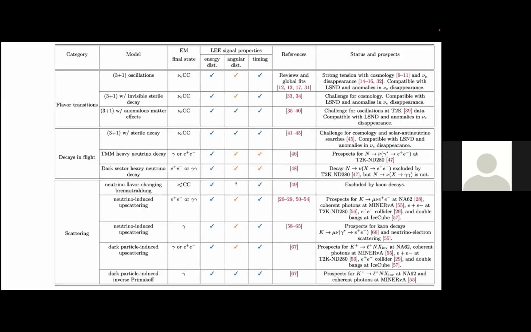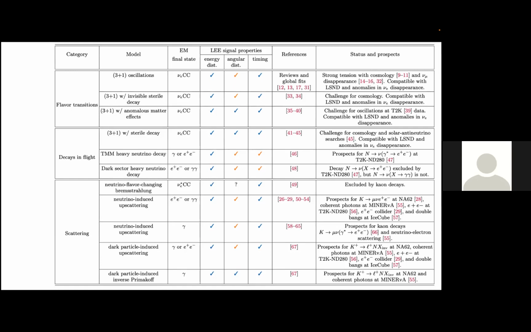Okay, now we're not done yet with MiniBooNE. I don't want you to go through every single one of these predictions, but this is a table of most explanations put forward so far in the literature for the MiniBooNE excess. Starting at the very top, we have oscillations, and then things that look like oscillations but aren't quite that, which we call flavor transitions.